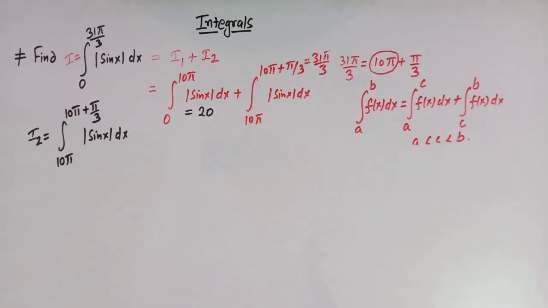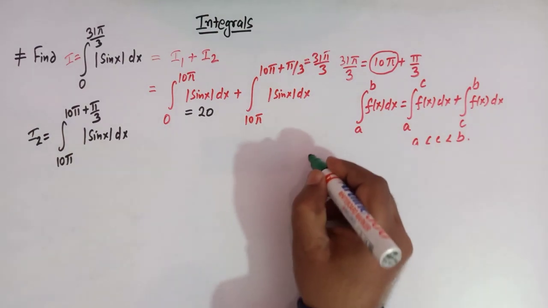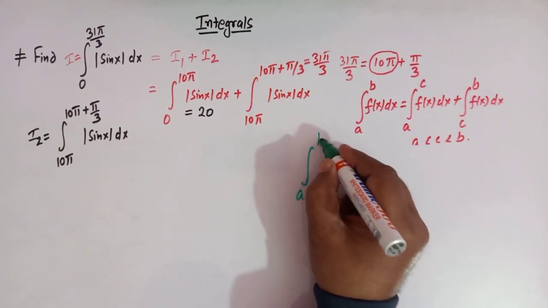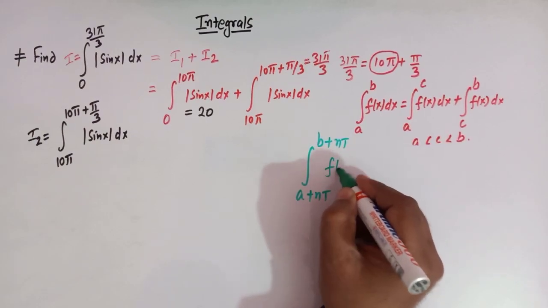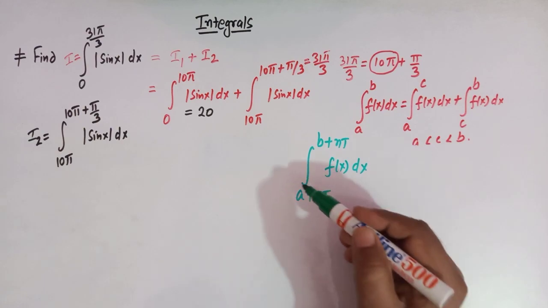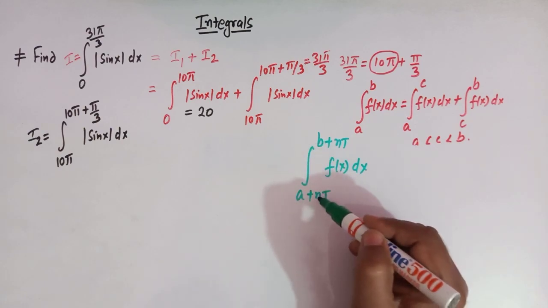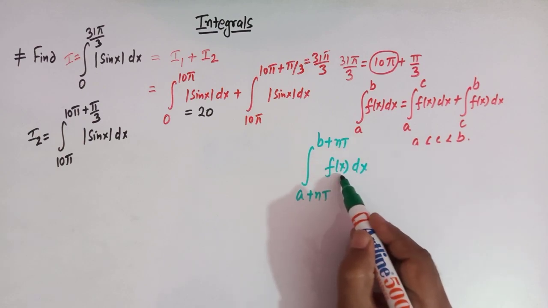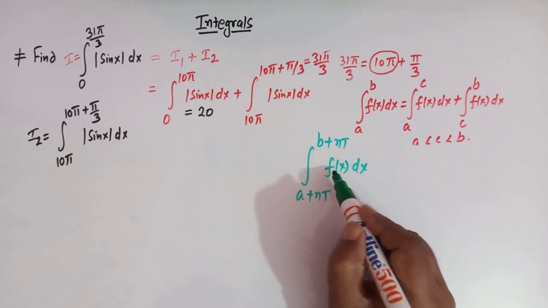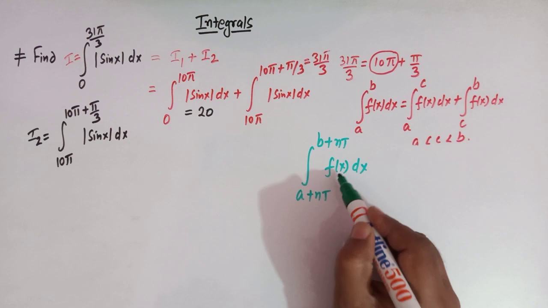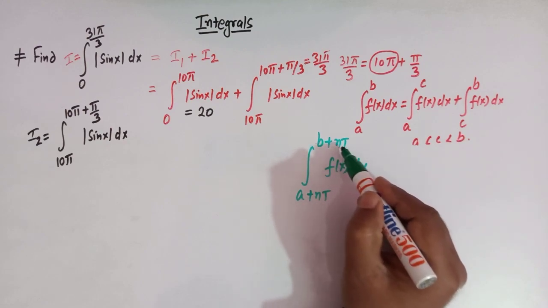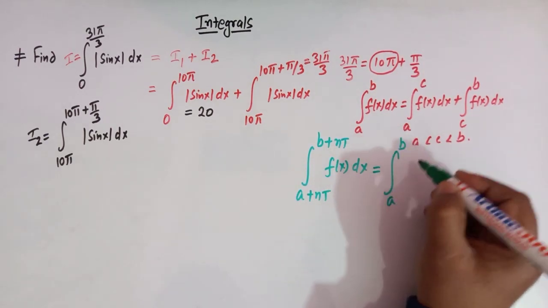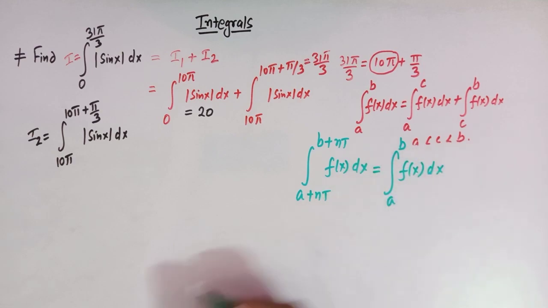The property goes like this: the integral from a plus nT to b plus nT of f of x dx, where a and b are two numbers and T is the period of the function f of x. So if we integrate a periodic function f of x from a plus nT to b plus nT, then we can simply write this integral as the integral from a to b of f of x dx.